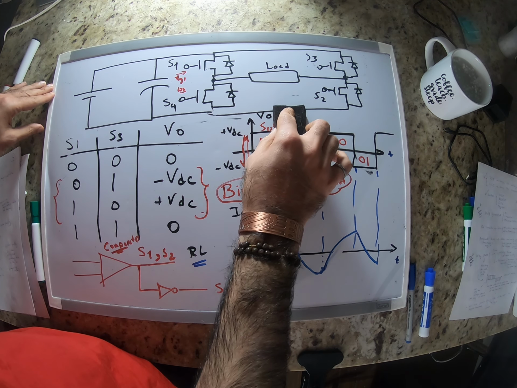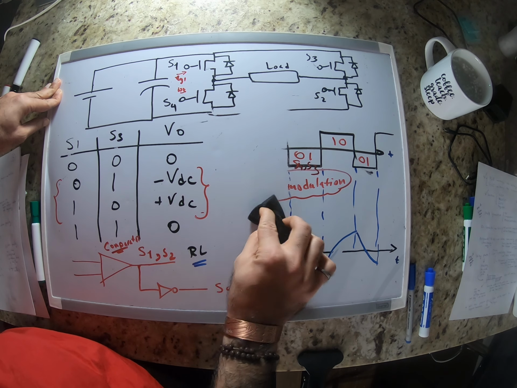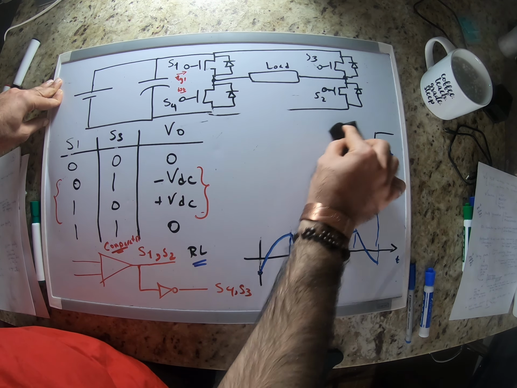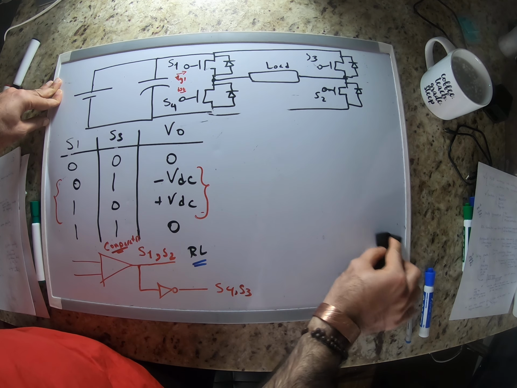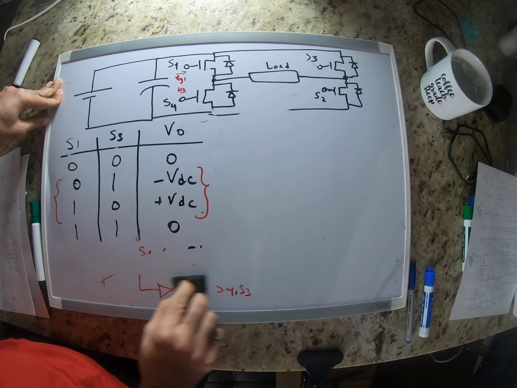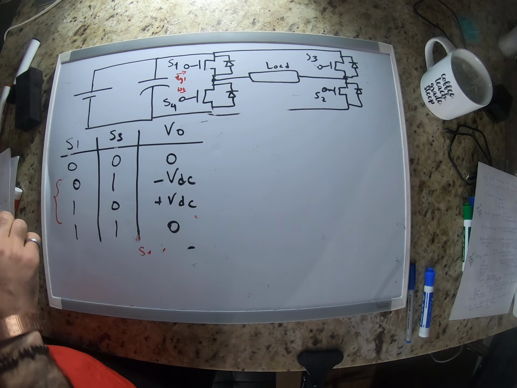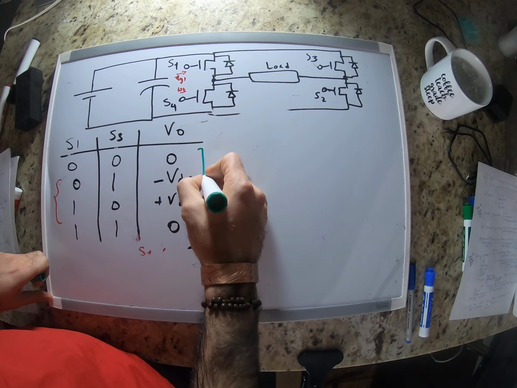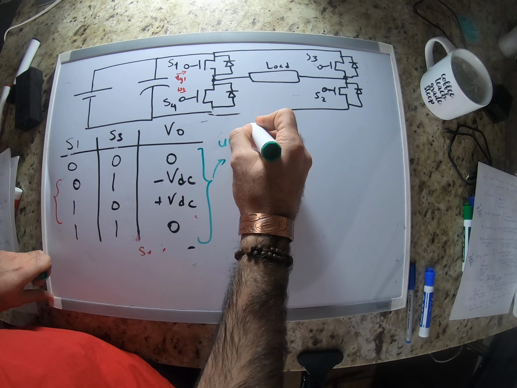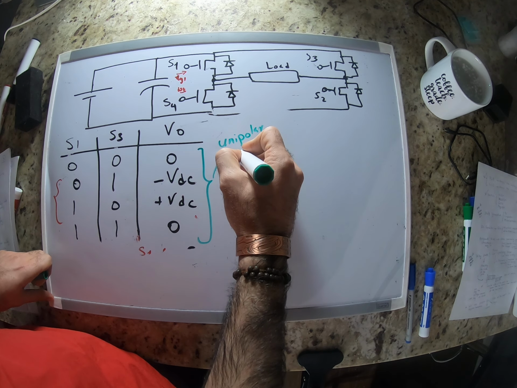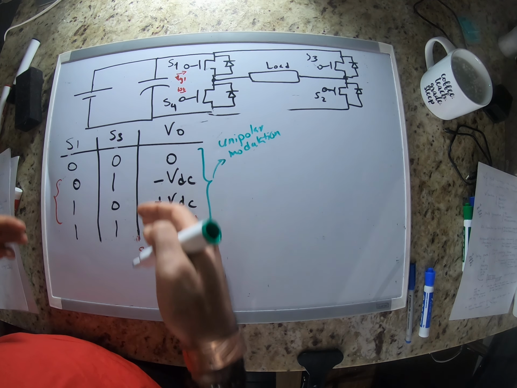Now we have another modulation, which I think you can guess what it is. It's called unipolar modulation, which switches between all these 4 states.